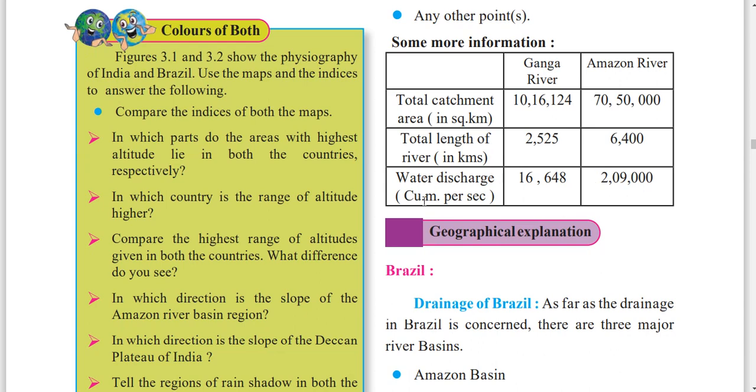Water discharge in cubic meters per second: 16,648 for Ganga and 2 lakh 9,000 for Amazon. See how big the Amazon river is.